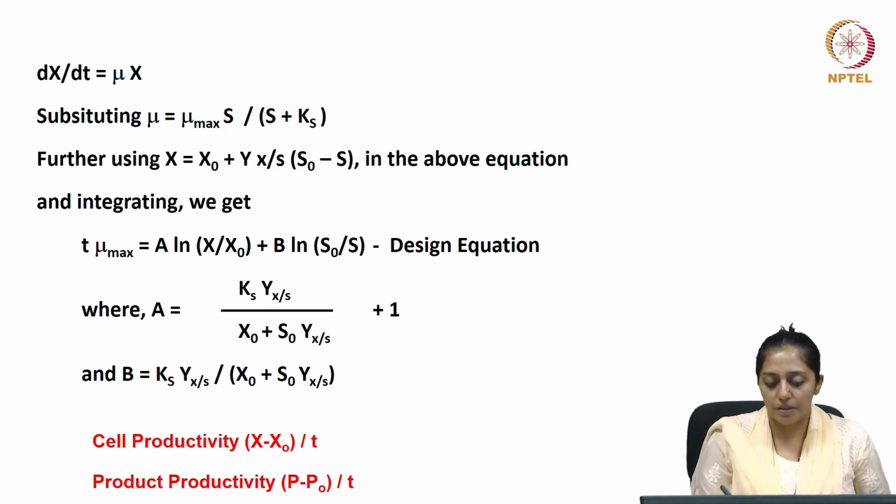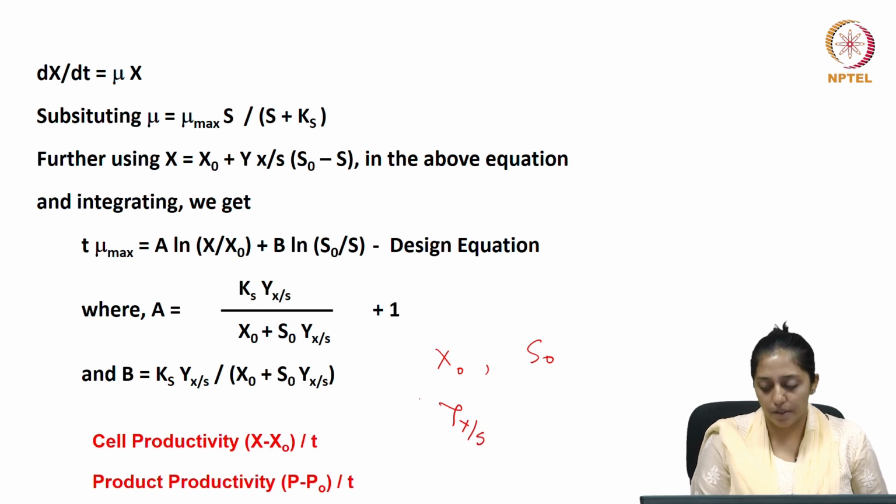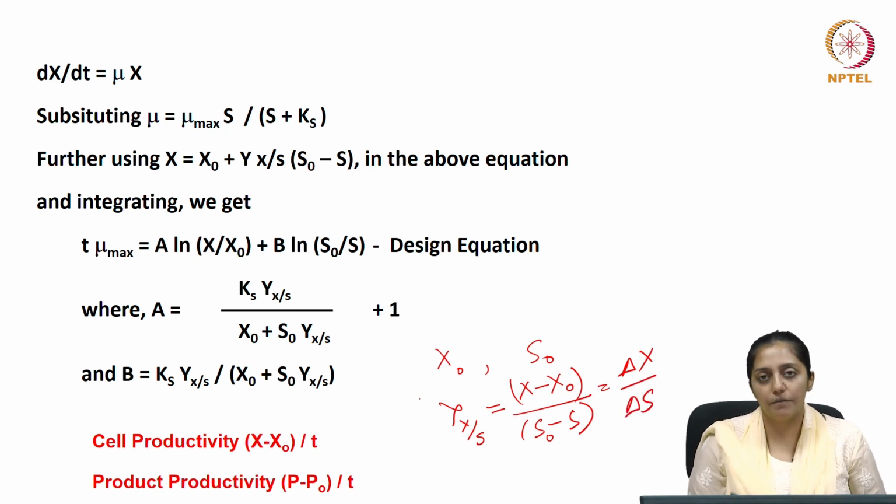Now, another equation which we know is, if x naught is your initial biomass concentration in this fermentation and S naught was your initial substrate concentration, and Yx by S is your yield coefficient, assuming no endogenous metabolism, then Yx by S is equal to the amount of biomass produced to the total amount of substrate consumed, which was delta x by delta S. This is how yield coefficient is defined.